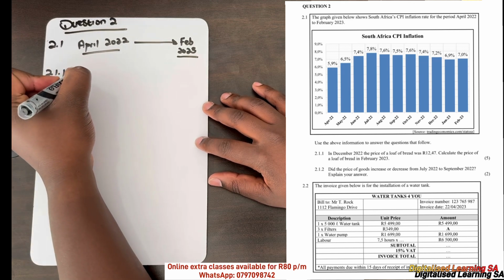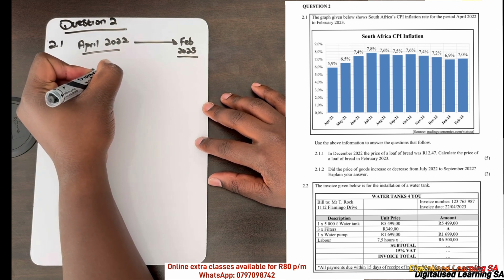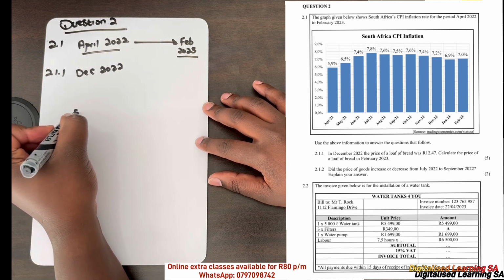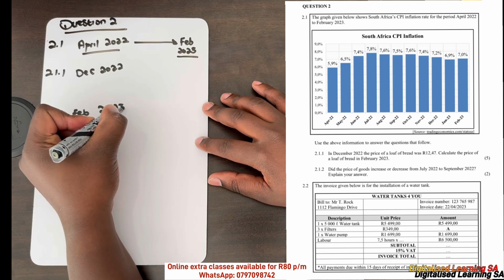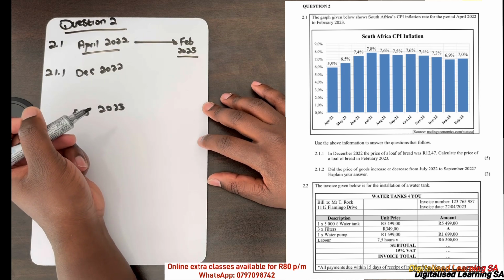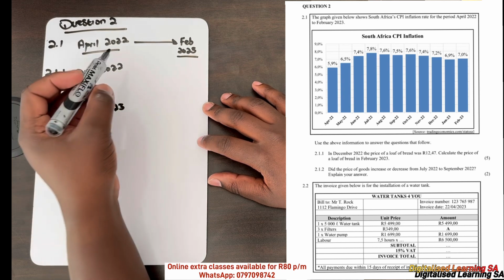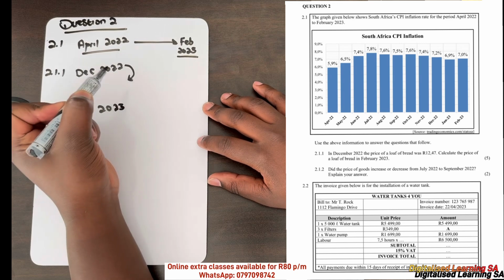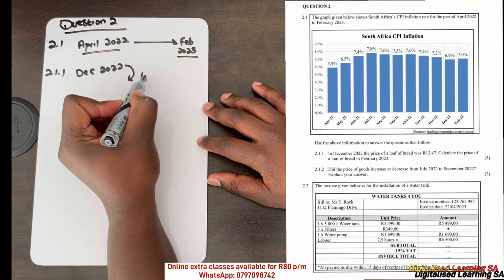So we are given the price for December 2022, and then we need to find the price for February 2023, and then we are given the percentage increases. Meaning that from December to January the price increased by 6.9%.